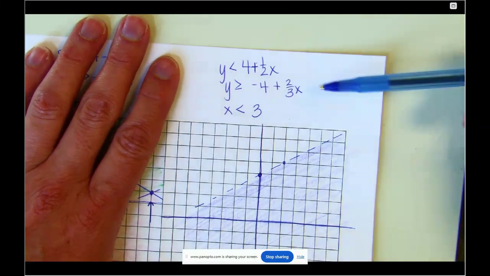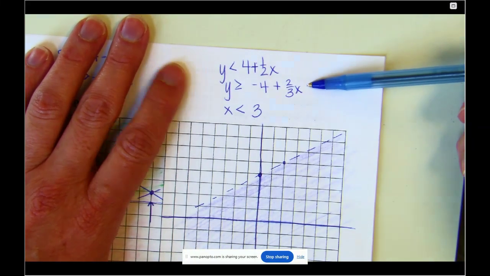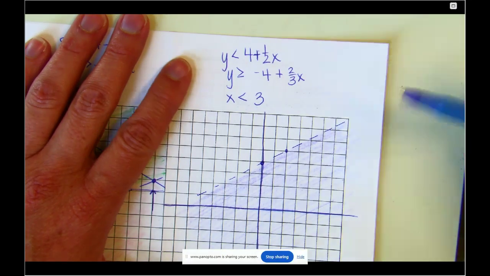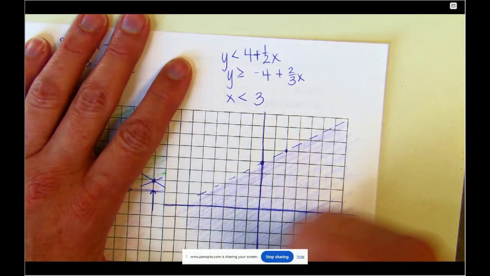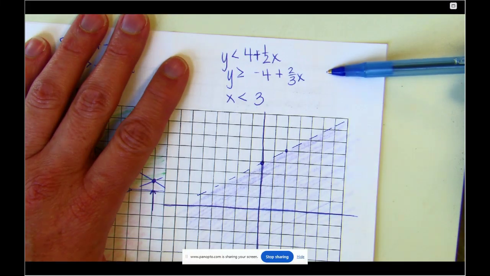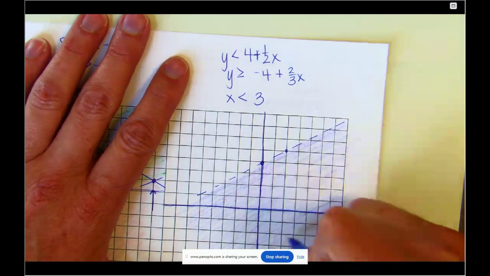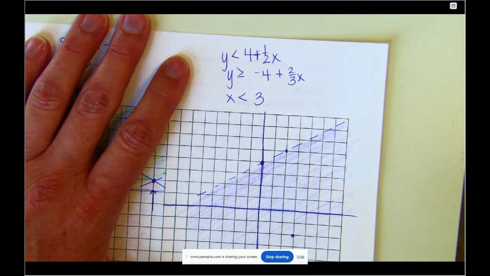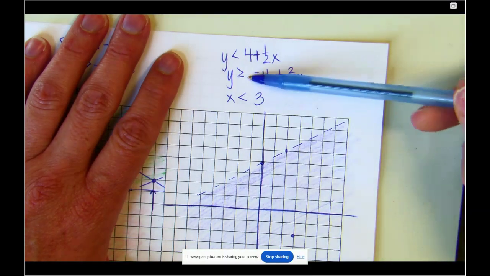Okay, this one. Nora, what's my y-intercept here? -4. Charlie, what does the slope tell me to do? Up 2 over 3. Okay. Owen, dotted or solid?